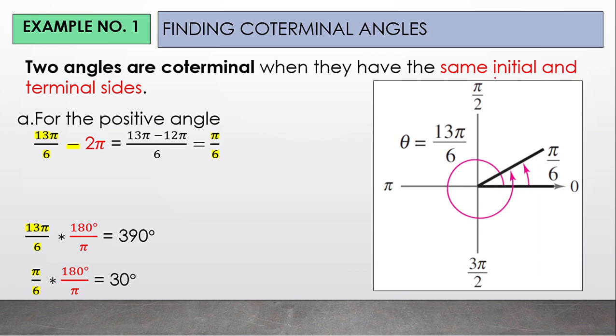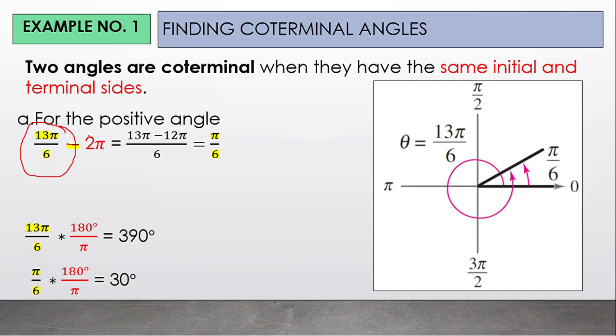So, dapat same initial and same terminal side sila. Okay, so given dito is 13 pi over 6, minus natin siya kay 2 pi. Okay, si 2 pi is constant, pero yung sign natin na negative is hindi siya constant.